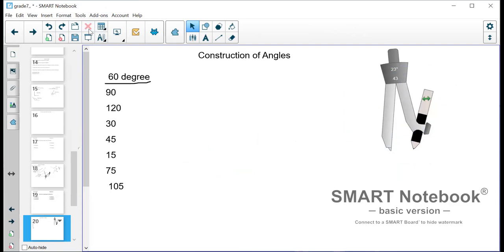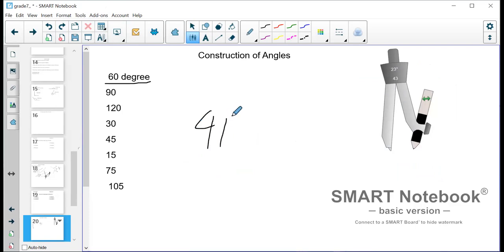Those steps that I demonstrated are how you get these various angles. Now, please note, if you are given an angle, for example, 41 degrees, please don't try constructing it. It might be possible, but it will be very difficult for you to construct a 41-degree angle.